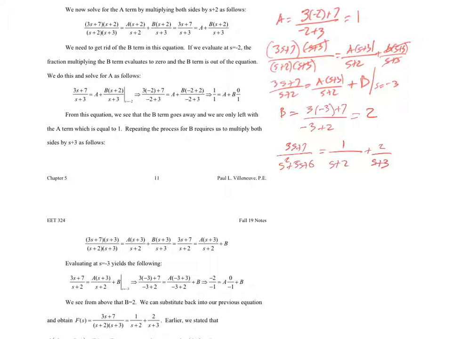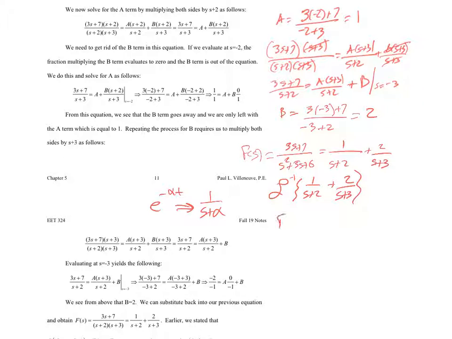All right. So now, this is my f of s, right? These are all equal to each other. So I can do the inverse Laplace transform of 1 over s plus 2 plus 2 over s plus 3, right? And if you remember from your Laplace table, e to the minus alpha t is the same thing as 1 over s plus alpha.